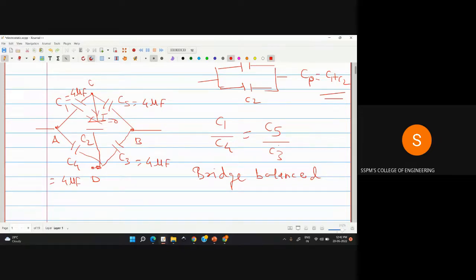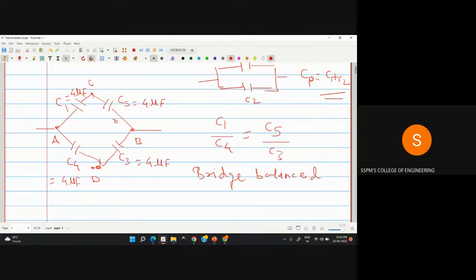So bridge is a balanced bridge. So the branch CD is open. C2 इथे पिक्चर मध्ये येणार नाही इथे. Isn't it? Current will not flow from C to D.